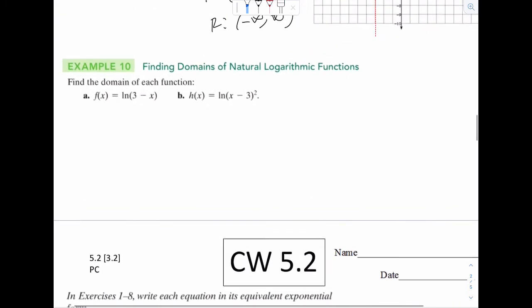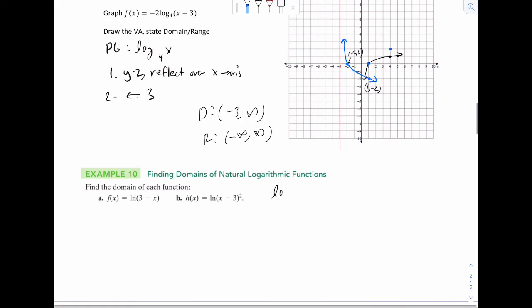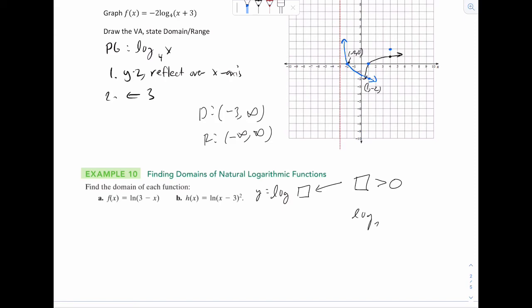Now the final step is just to find the domain. So the easiest way to do this, if you have like y equals log and some kind of box right there. If you're going to put a number into a log, it must be strictly greater than 0. And that's because you can't log a 0 or you can't log a negative number. Like if I wrote this log base 2 of 0, this can't be done because you can't say 2 to some power equals 0.